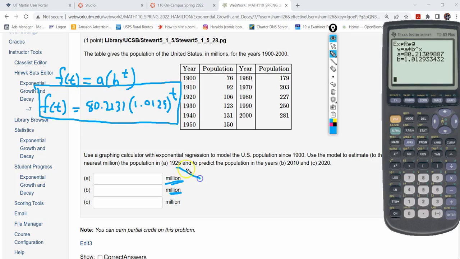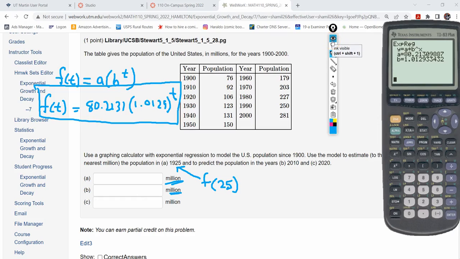So for the year 1925, I'm going to find this function f when t is equal to 25. So I'm going to take that equation and plug in 25 for my exponent.